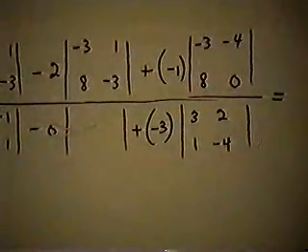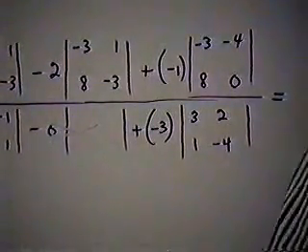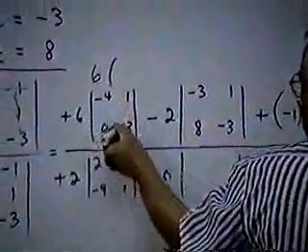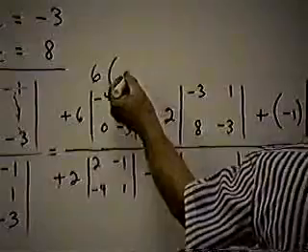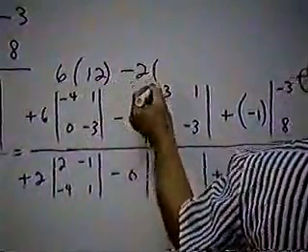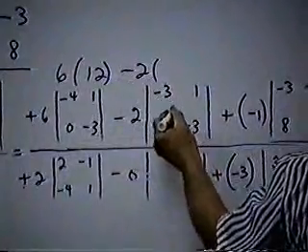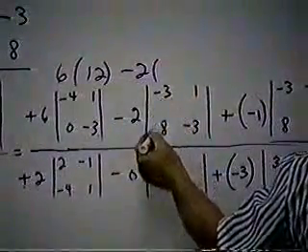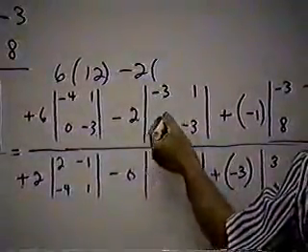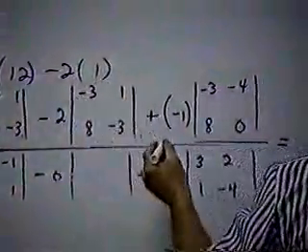Now then, I go work this. Let's look now at all this expanded. So we have here 6 times, multiplying down, is positive 12, minus 0 is 12. This is a minus 2. Multiplying down is positive 9, minus 8. Remember when we multiply up, we change the sign. So multiplying down is a positive 9, minus 8, that's a plus 1.